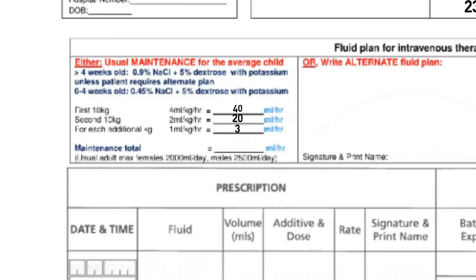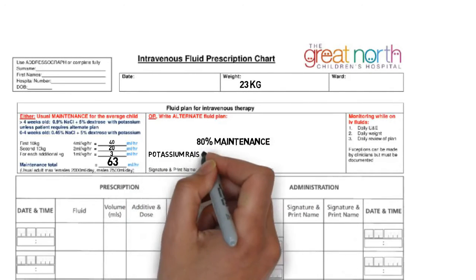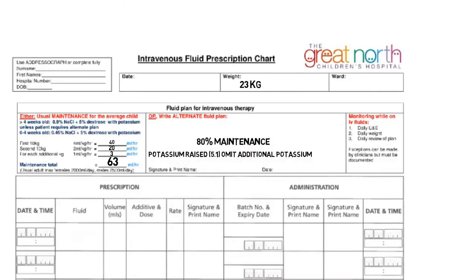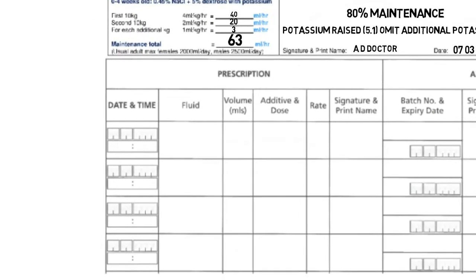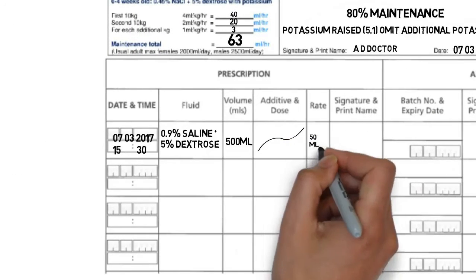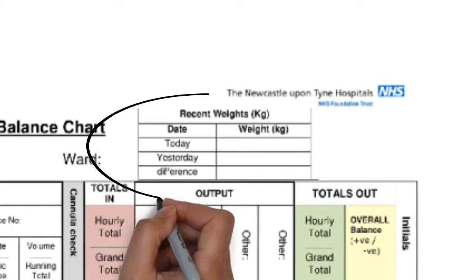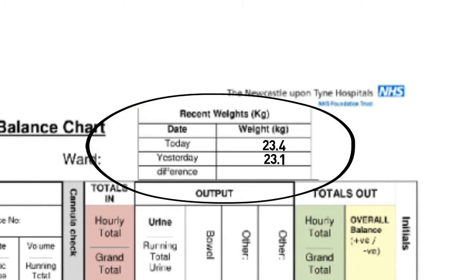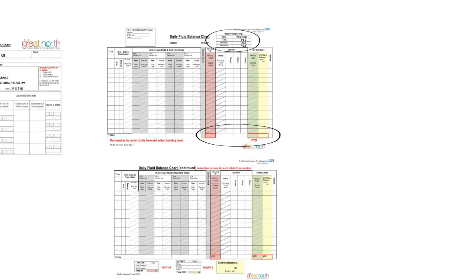If rates of fluid administration or type of fluid is not in keeping with the guideline, for example, fluids with different saline or potassium concentrations are used, the justification can now be clearly documented on these charts. In addition, fluid balance charts now have an extra section where weight can be recorded and compared to previous days to look for any differences or fluctuations in weight, and prompts to calculate daily fluid balance have been made clearer.